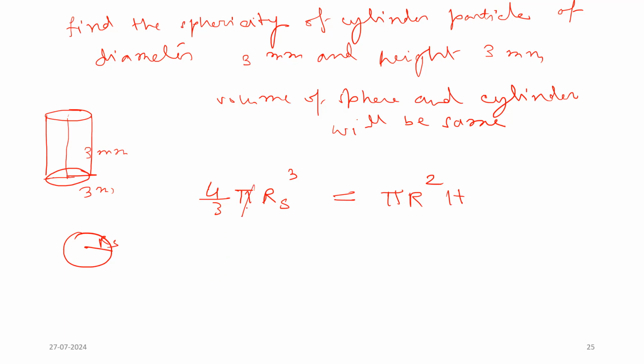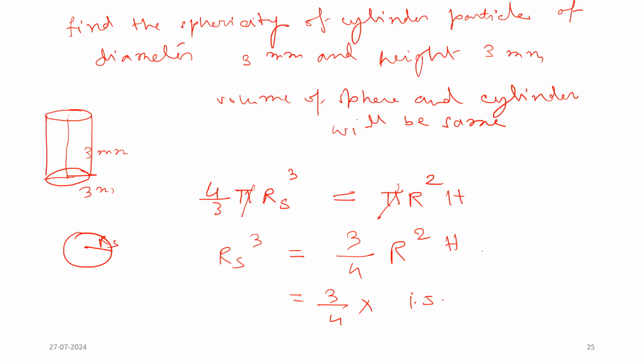Okay, so this pi will be cancelled out. So rs cube will be 3/4 r square h, right? Now what is r? r is not 3 millimeter, d is 3 millimeter. So r will be 3/2, that is 1.5 millimeter.